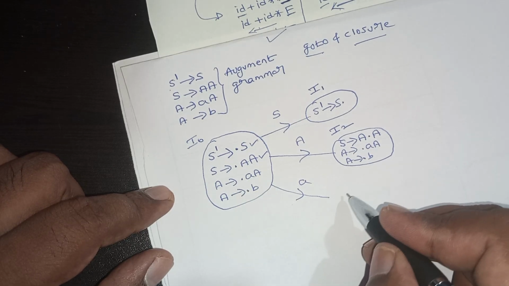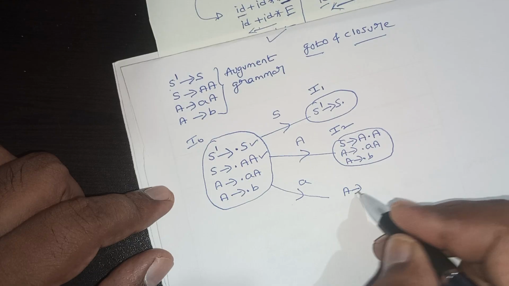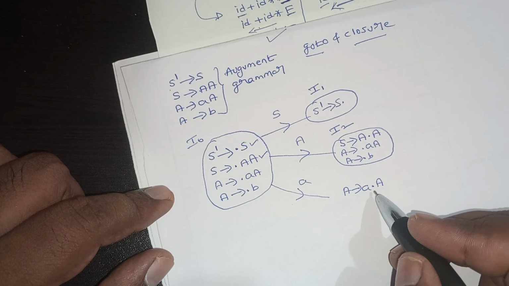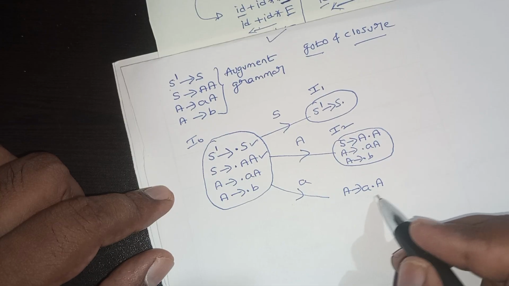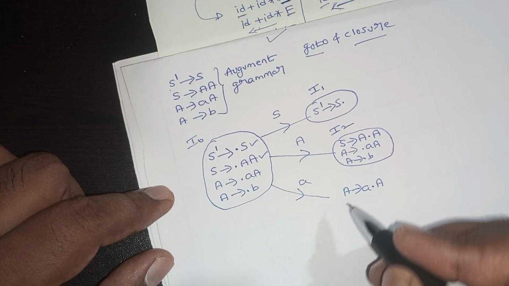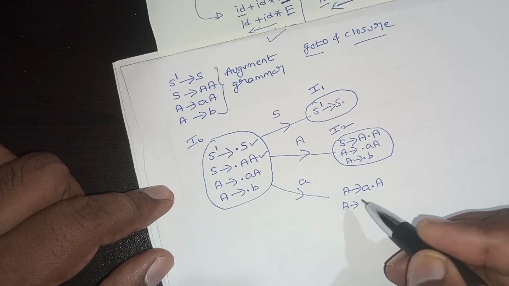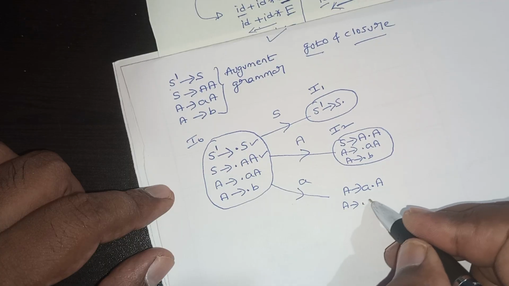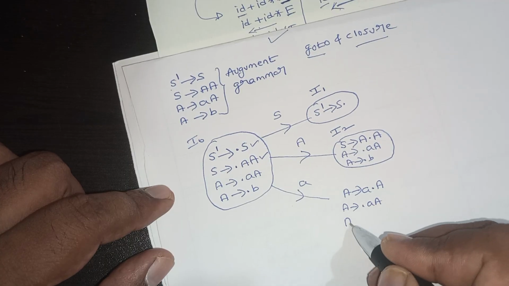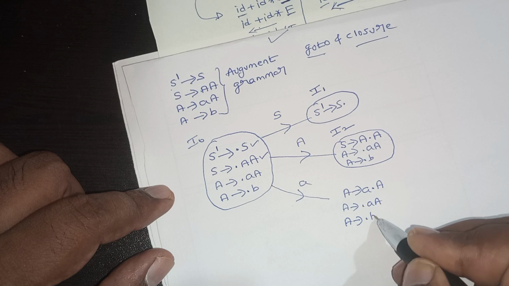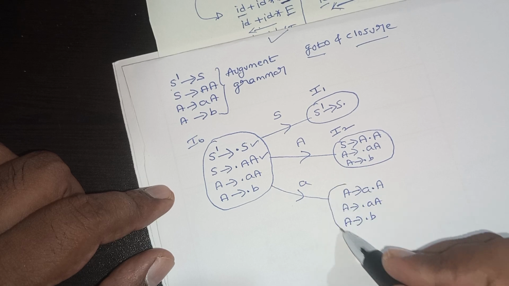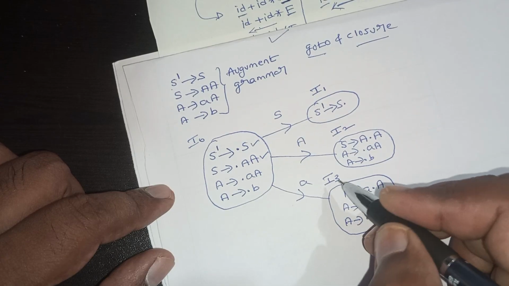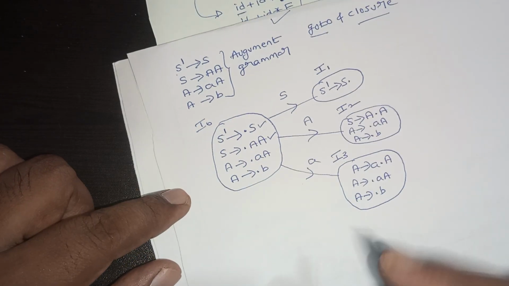Then A tends to a dot A. Because there is a dot to the left of A, I have to add all the rules of A: A tends to dot aA, A tends to dot b. Then give the name I3. Now what is pending?